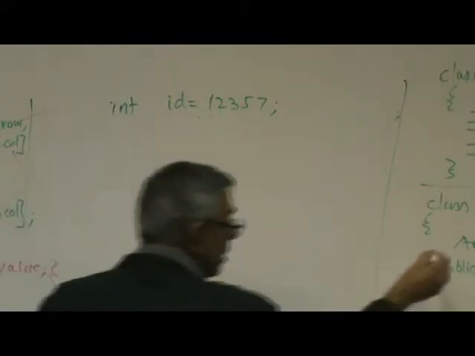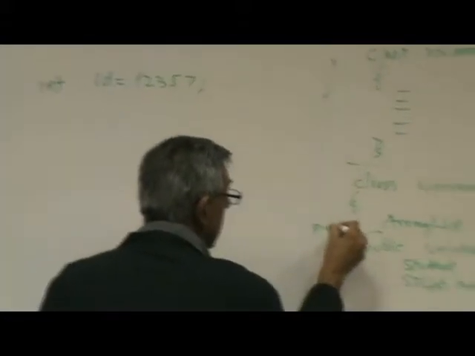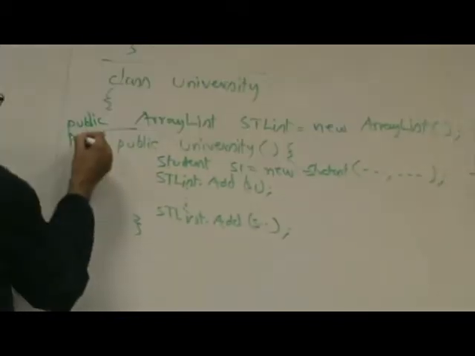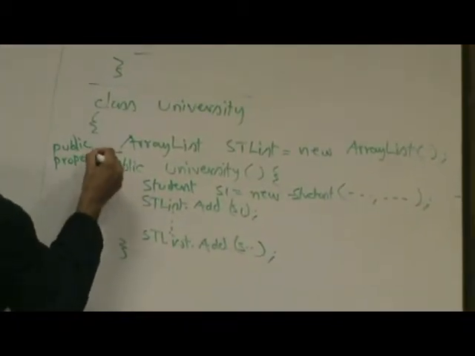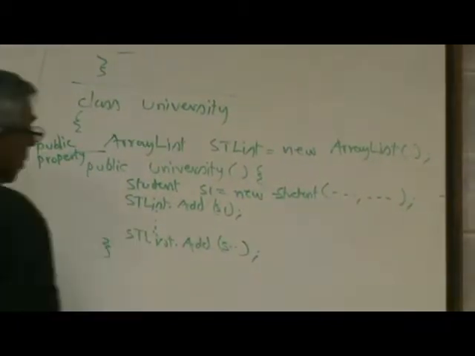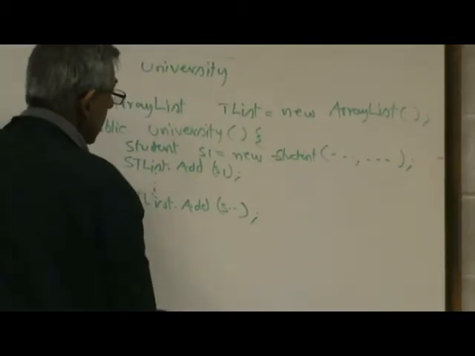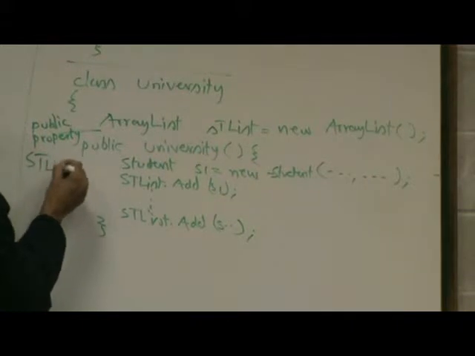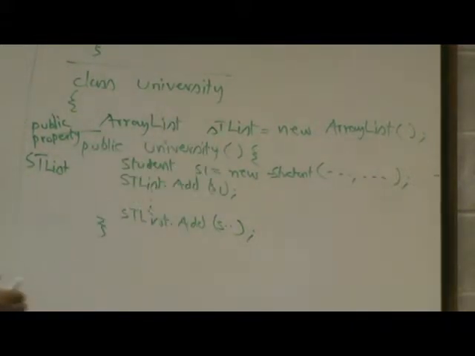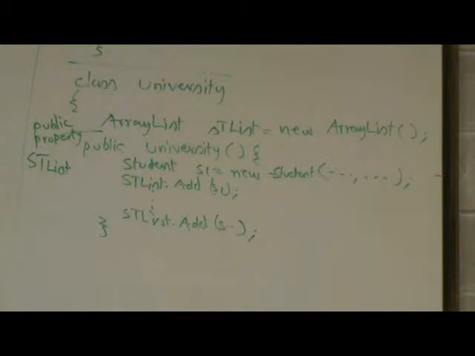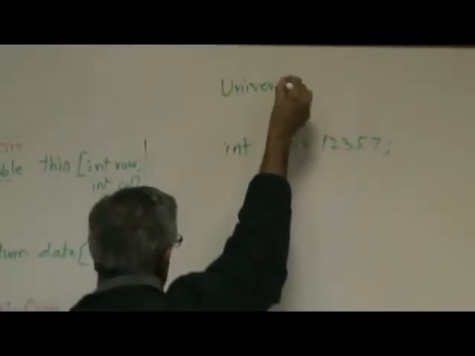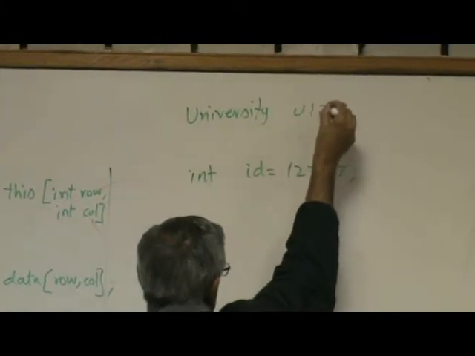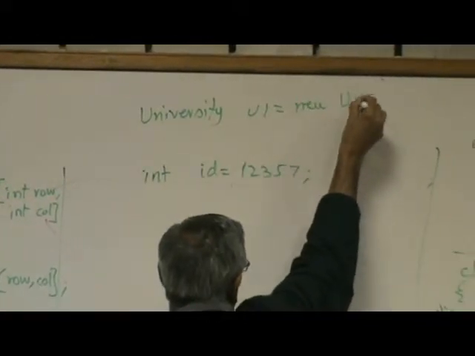Suppose there's a public property, so let me make the field lowercase stList, and the public property will give us the capital StList corresponding to this field, right? So our code might look something like this if we have already created a university object equal to new University.